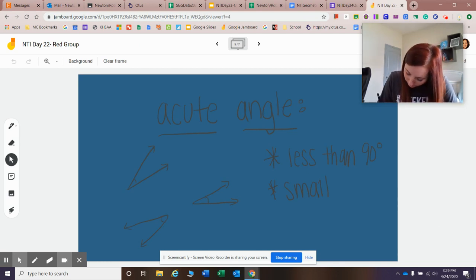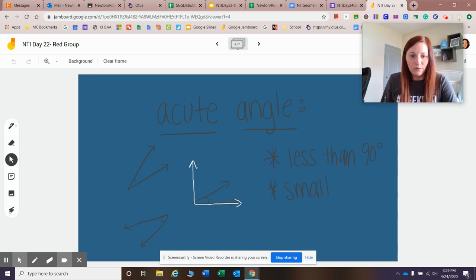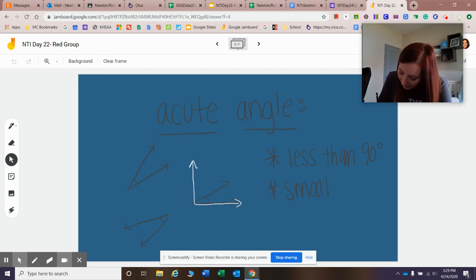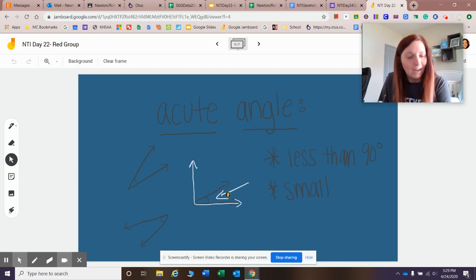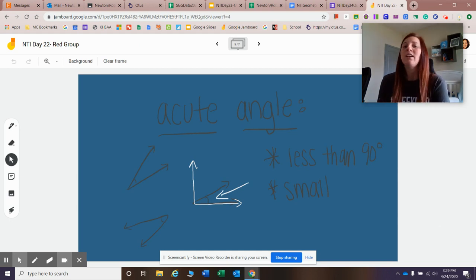If I were to draw in a right angle right here, it would be like a corner. But look at this little angle. It's less than half of a 90-degree angle. It's tiny. It has a small space between the lines. So to remember, an acute angle is the smallest angle, less than 90. You can think about how it is so cute.